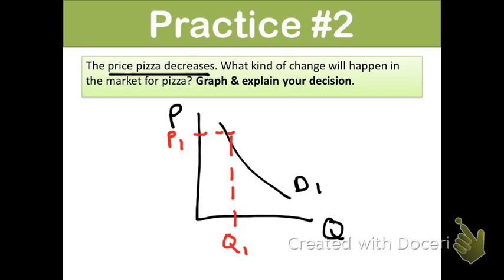And then price is going to decrease, so let's go down here, P2. We hit the demand curve right there, and Q2 is right here. And so now I see that we started here and we ended here. That means that as price decreased, quantity demanded increased, and we had movement down the curve, which is a quantity demanded increase.